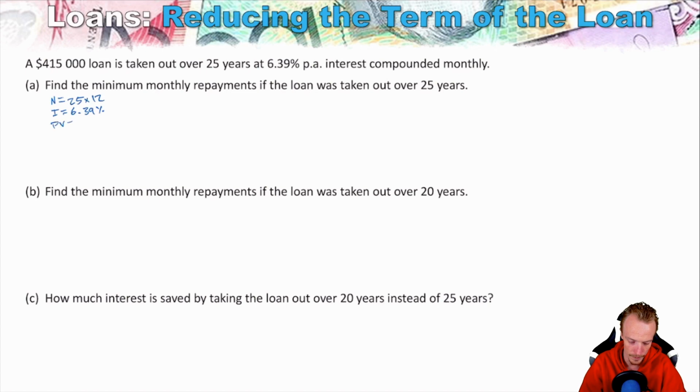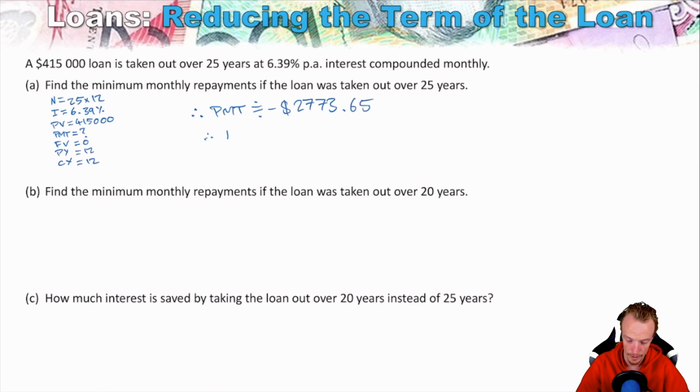Present value, we're taking it from the bank, so it's got to be positive, so $415,000. PMT is what we're after. Future value is 0. P/Y and C/Y at the moment are both 12. So it gives a PMT that's approximately equal to negative $2,773.65.